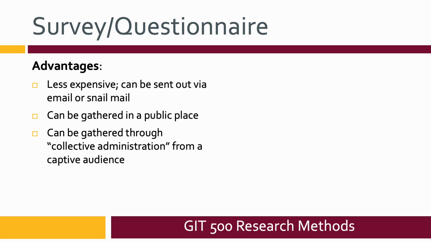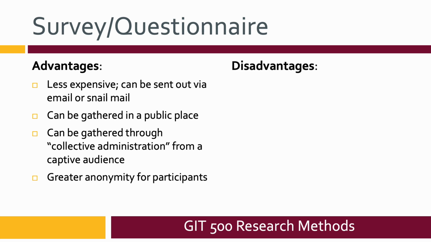They can be gathered through what we call a collective administration, and that's just when you have a captive audience like a face-to-face class, or maybe a business meeting or a community meeting, and you hand out and collect surveys in that way. It provides greater anonymity for participants because you usually do not collect their names or any personal information that might identify them.